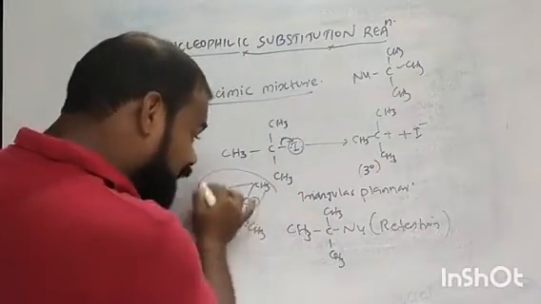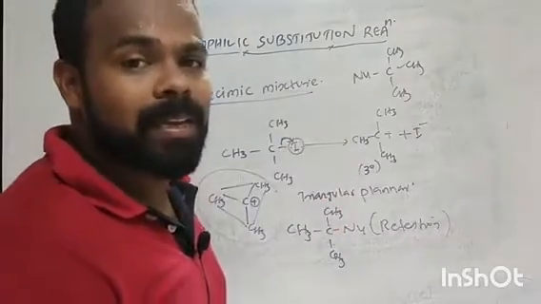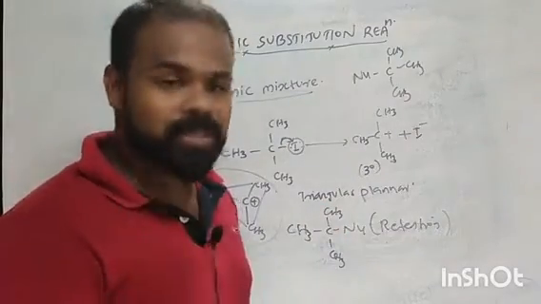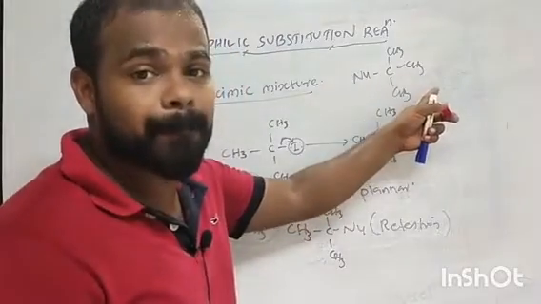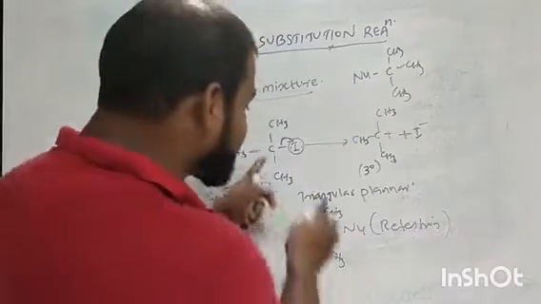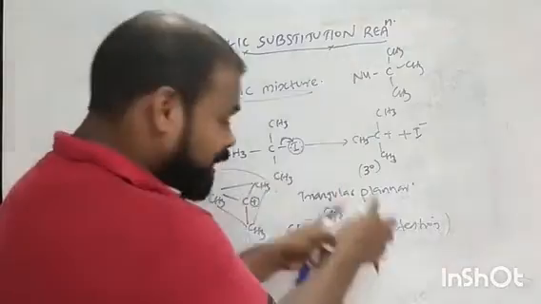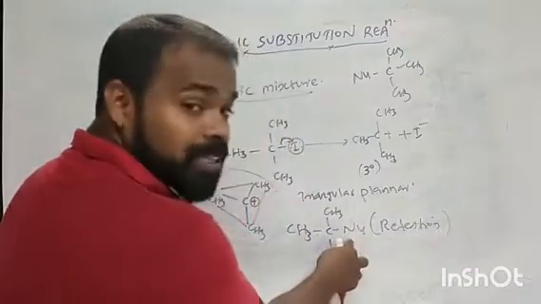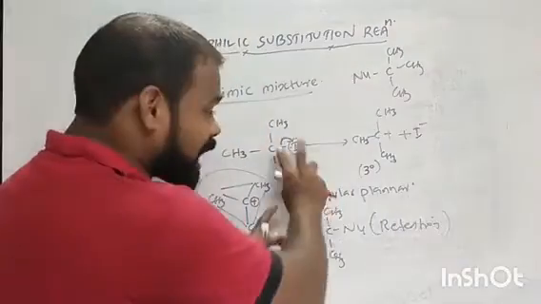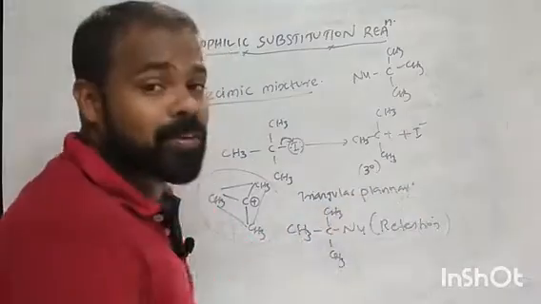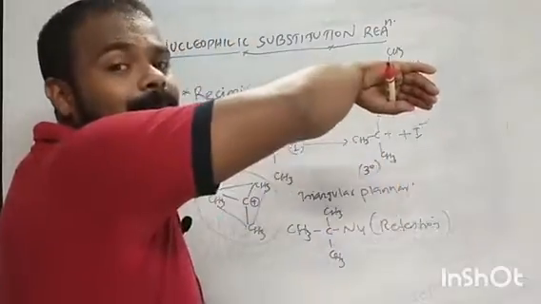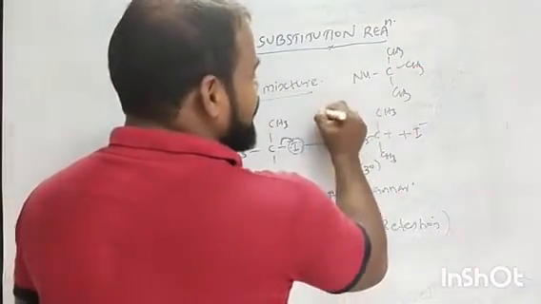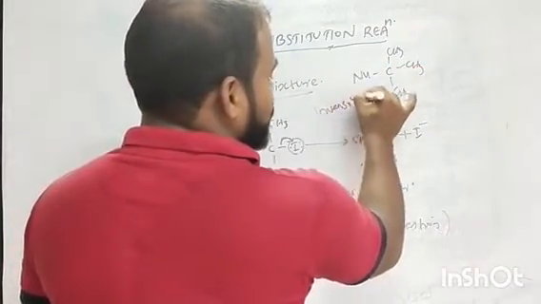The reason is that it is trigonal planar. Therefore the nucleophile attaches on the front side or otherwise on the back side. If it is on the back side, it is just the opposite of this one. Here, just a copy of this one. Both are the same, just iodine is replaced; instead of that, the nucleophile is attached here on the back side. Then this one is the inversion configuration.